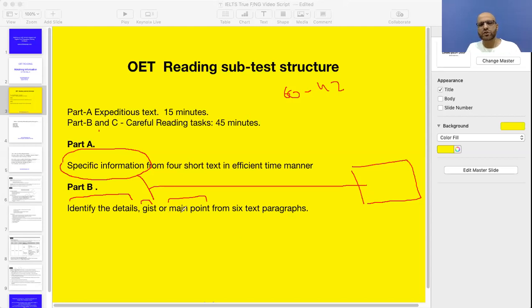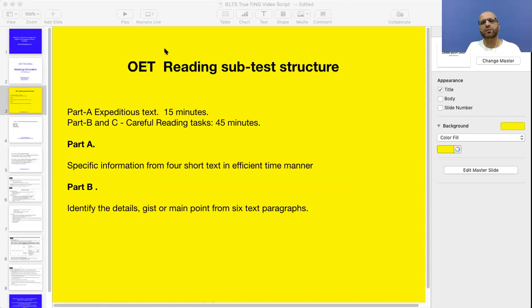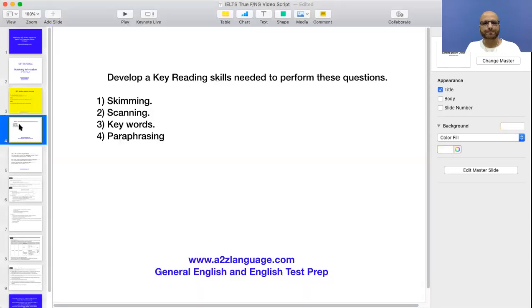Identify details, gist, main point: these are the skills that I'm circling that OET's different parts assess. And we will help you to develop these key skills which the OET reading subtasks assess. Okay, so let's remove the annotation and move on to the next slide.